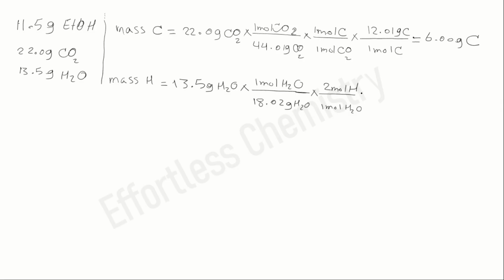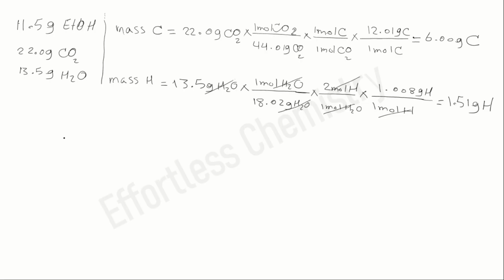Great. 2 moles hydrogen, multiplied by 1 mole hydrogen, we have 1.008 gram of hydrogen. As with everything, I didn't show here, all the similar units go with each other, so easily we can eliminate them, and now the only unit that we want remains. The final result is 1.51 gram of hydrogen.